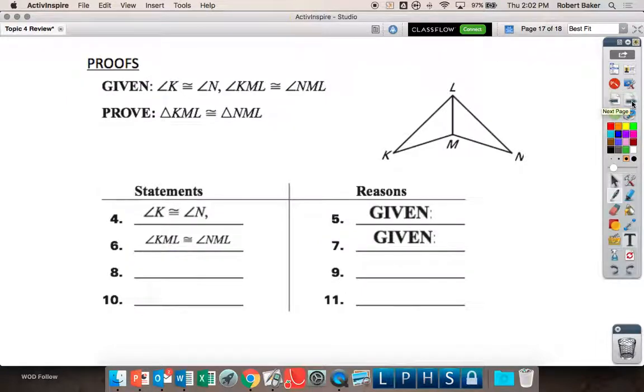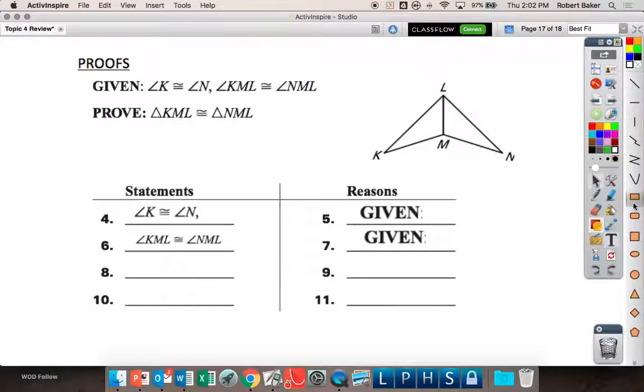Allow me to just veer off the review path for just a second. Two years ago, or last year, the test looked like this. This was the test question. Yikes, right? Completely blank. So last year I changed it to this.